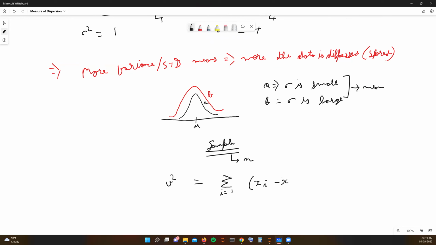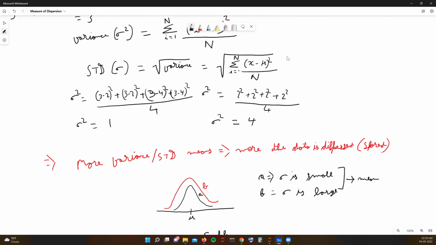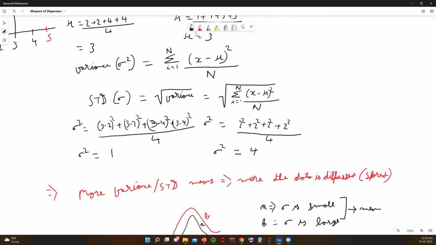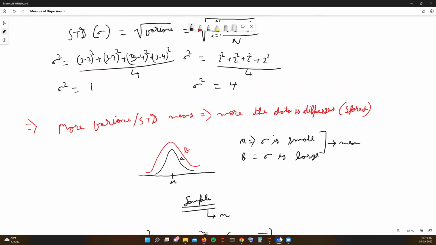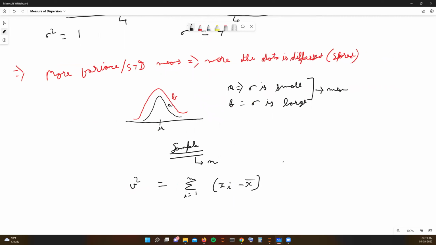If you remember from the last session, on measures of central tendency, we talked about this, that the sample mean is represented by x bar, and the population mean is represented by mu. Here I missed the xi mark, so I'm adding that, to the power 2.